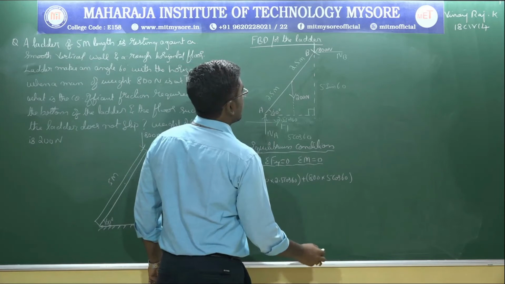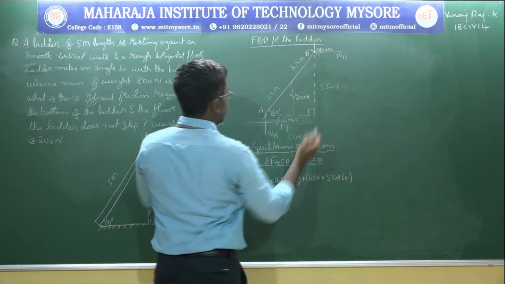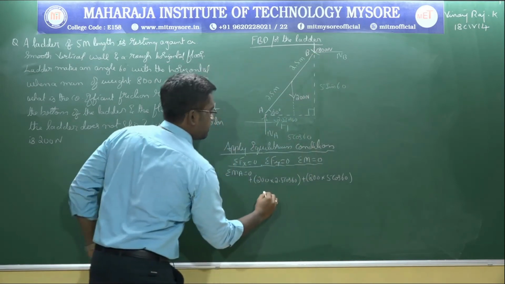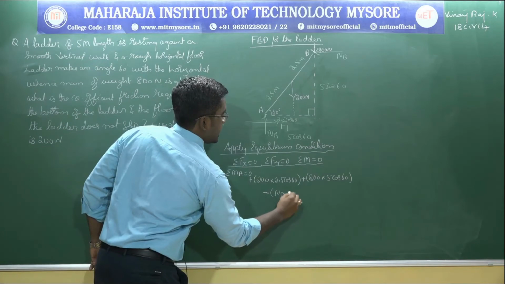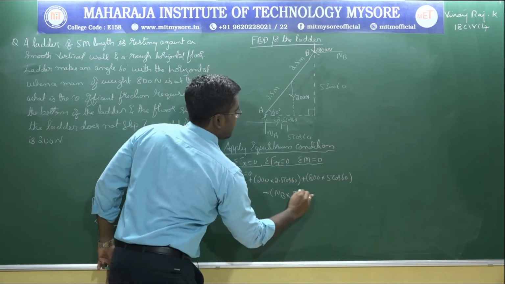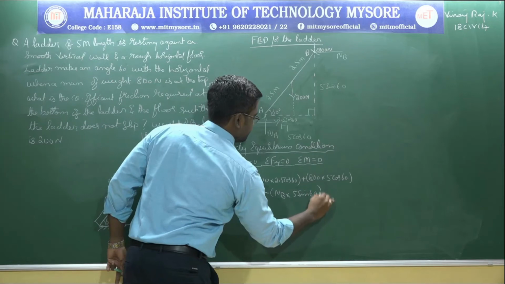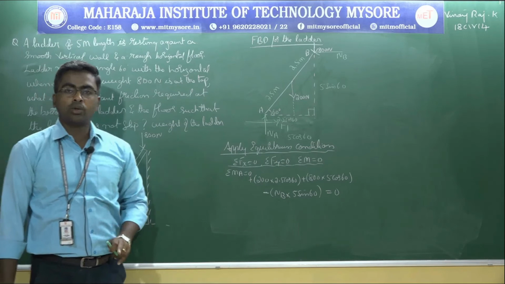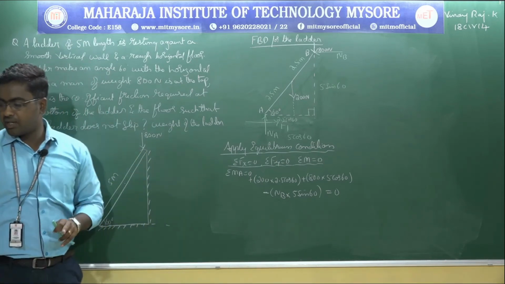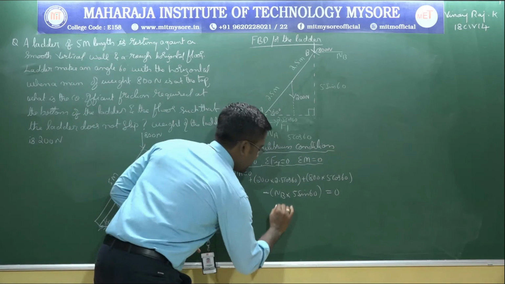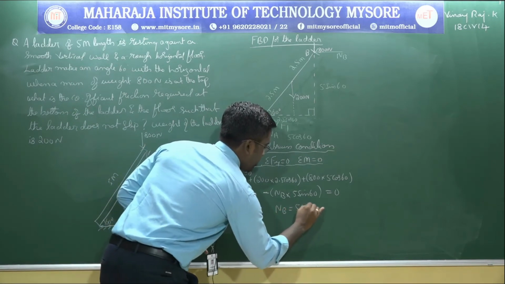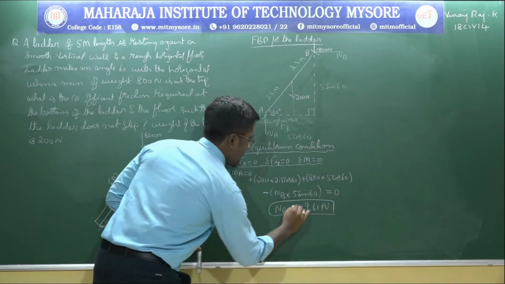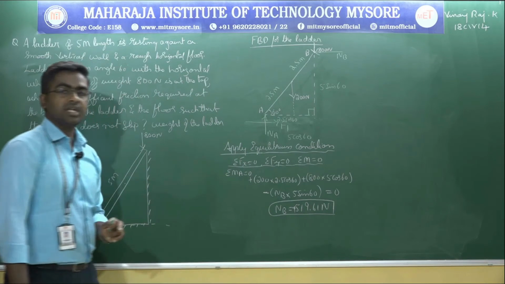Now there is one more force here, which makes anti-clockwise direction about point A. So this will be minus NB, and the perpendicular distance is 5 sin 60, is equal to 0. So in this complete equation, there is only one unknown, that is NB. So NB is equal to 519.61 Newton, and it is positive, right?